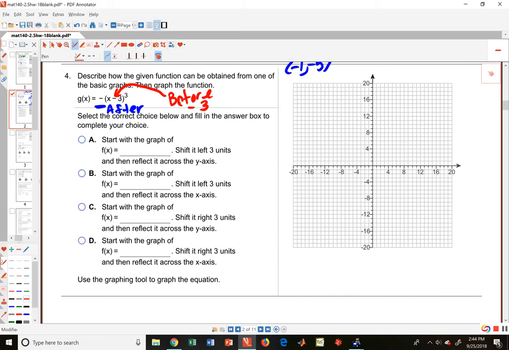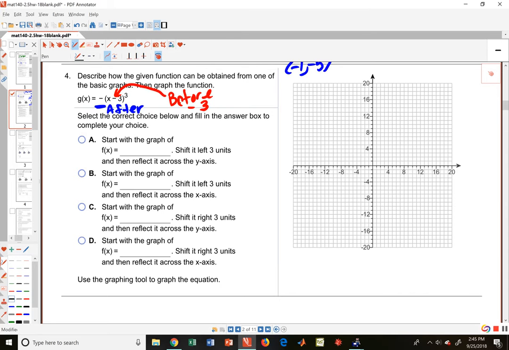So starting with just the x cubed function, so all of these are going to be x cubed. We're going to shift the graph to the right by 3. So let's find the right, shift right by 3. So right by 3, that's our C and D choices.